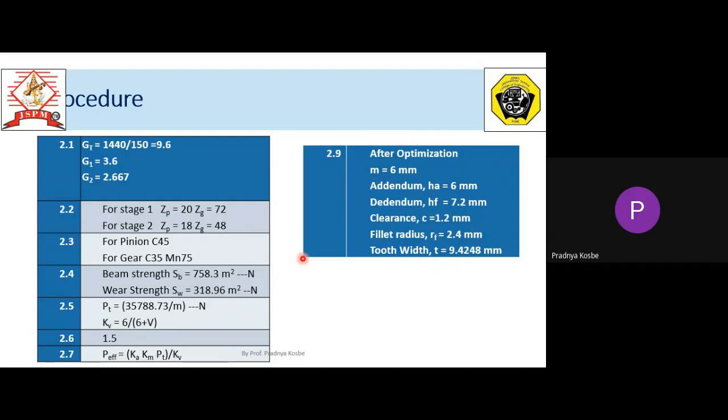So for the first stage we will use a helical gear, and for the second stage we are going to use a spur gear. So this is the design for the spur gear, and these are all the dimensions of the spur gear. In the next session, we will see the design of a helical gear. Actually, it is stage 1, but first we have designed stage 2, that is the design of a spur gear.